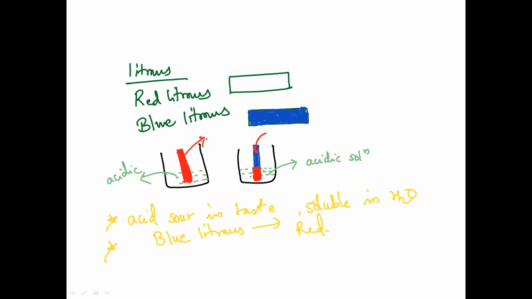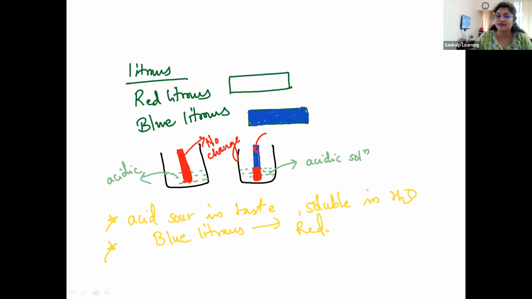It won't change. It will remain red only, because it is already acidic. Whenever an acidic solution is there, it will remain red and won't turn blue. Then what is the role of an indicator? It should indicate.